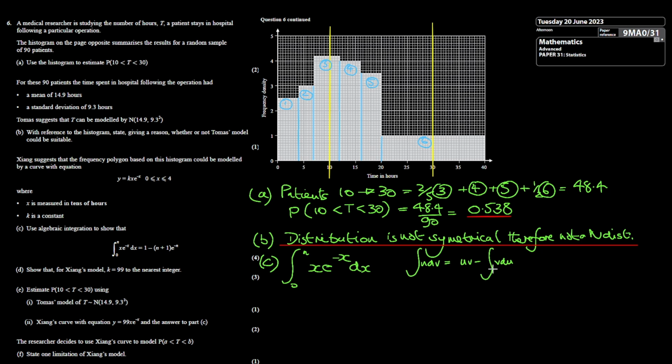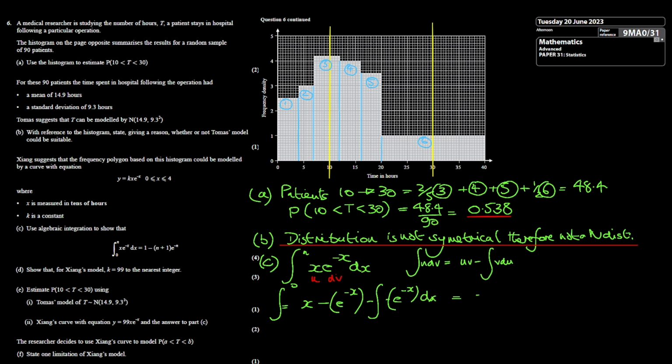And in accordance with the use of that rule, we need u, when we form the second integral, to be simpler. So clearly I'm going to choose this as u and this as dv. So our integral becomes x, which is u, then we integrate dv, and this becomes minus e to the minus x, minus now the new integral, v again, which is minus e to the minus x, multiplied by du, which is 1.